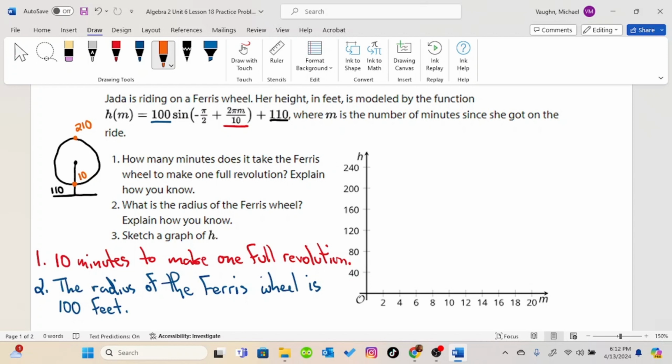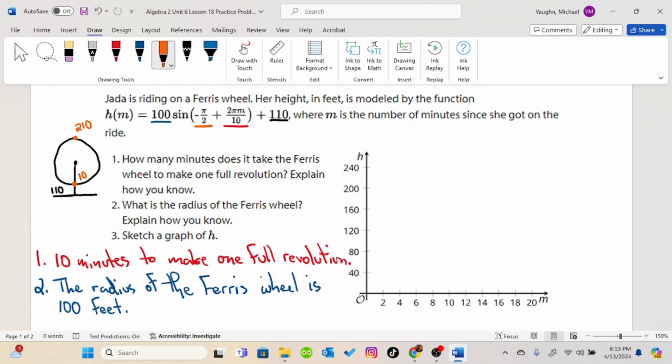So as we draw this, this is a sine function, so it would start at the origin, but now when we look, we see that we are starting at negative pi over 2. So negative pi over 2 is the bottom of the Ferris wheel.